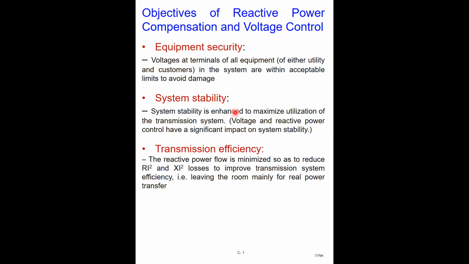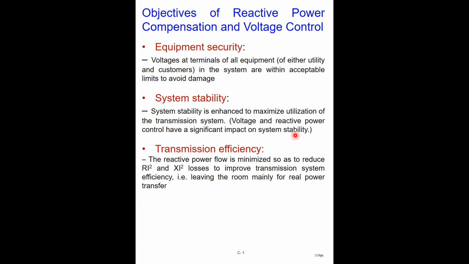And here we talk about voltage stability in the system, and in fact the voltage and reactive power control will have a significant impact in ensuring the system stability. So, as I said, if you are able to achieve reactive power control in the system, then you can maintain voltage at every bus around the nominal value or the acceptable range, and thereby ensure the system stability.